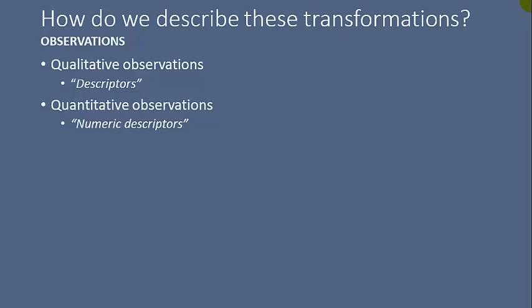We can also describe and record what we see quantitatively. Quantitative, derived from the word quantity, usually has some sort of number affixed to that particular observation. So for example, sodium chloride is white crystalline. That is a qualitative observation that I just noted.